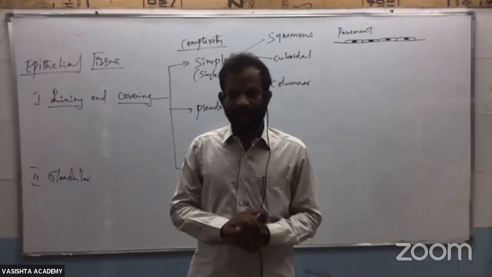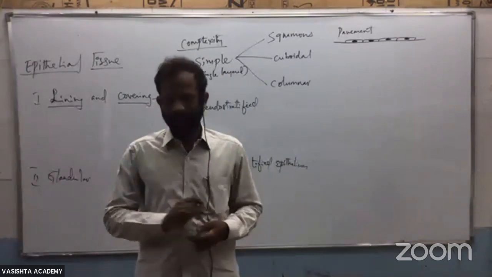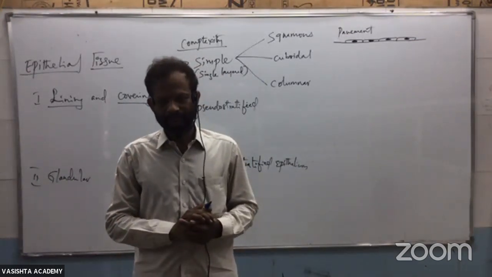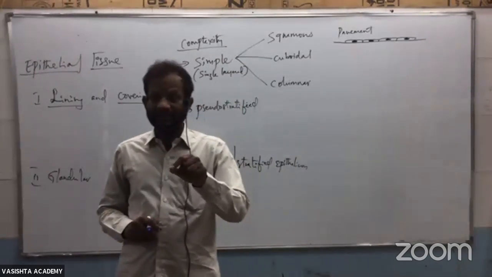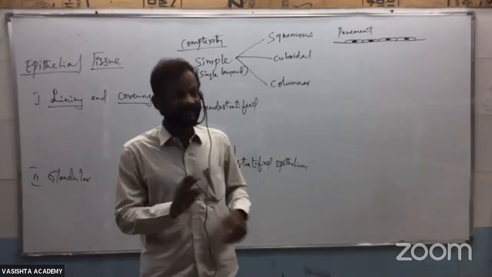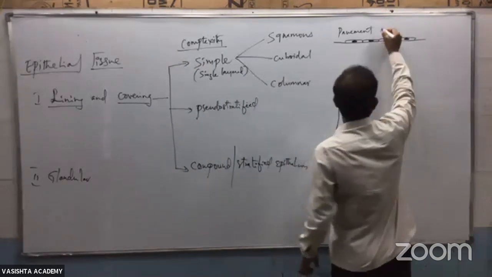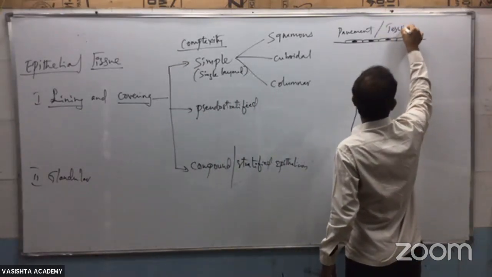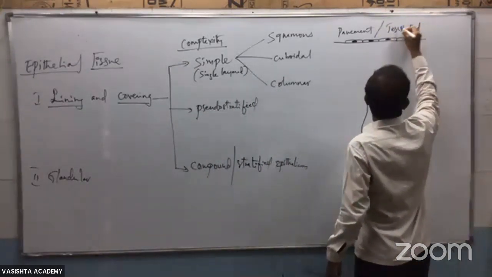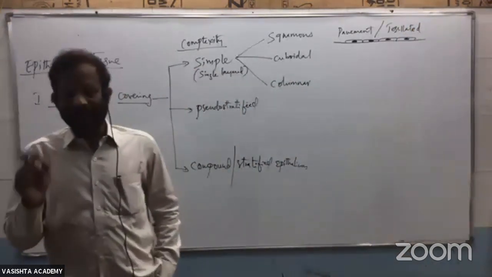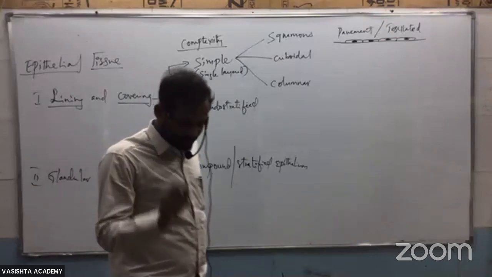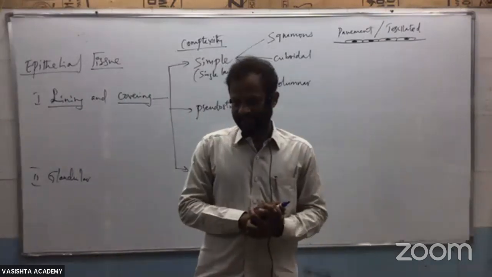At the same time, for this simple squamous, there is another name, that is tessellated epithelium. So simple squamous epithelium is called as pavement epithelium or tessellated epithelium.